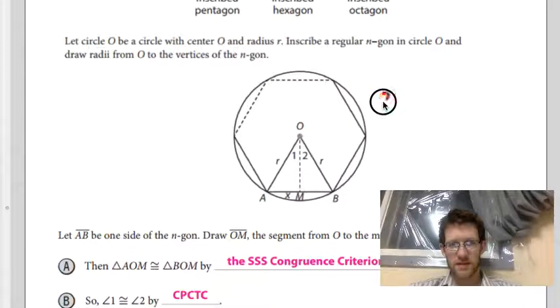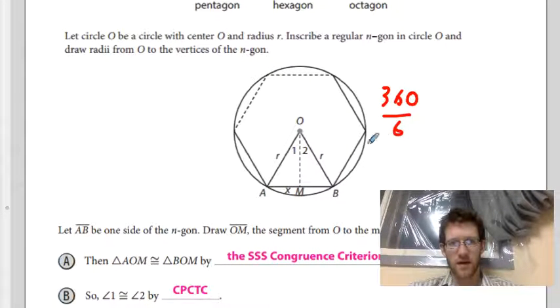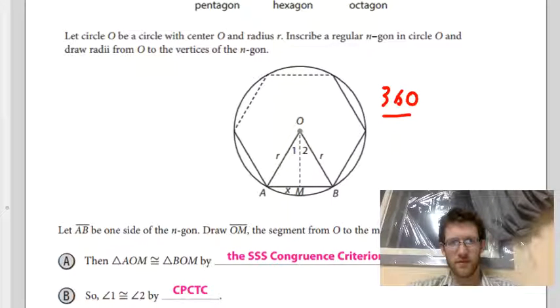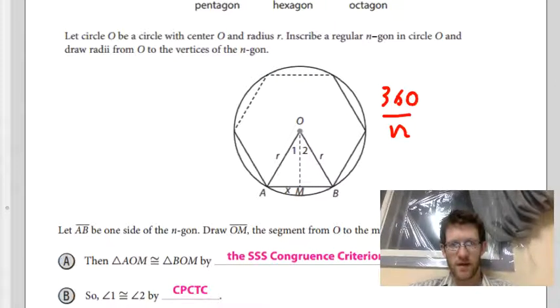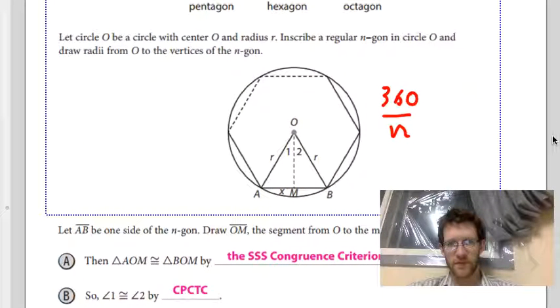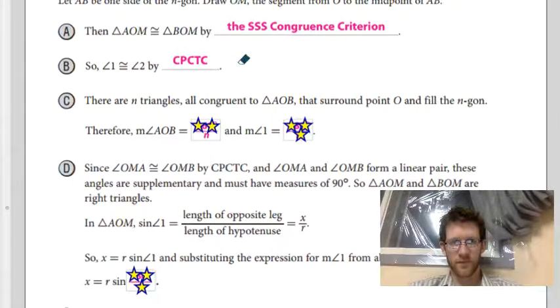But if it's an n-gon, we get rid of that 6 and just do 360 over n, where n is the number of sides. Because that's how many of these little triangles we'll have, and how many chunks we have to break the whole circle into. So that gives us 360 over n.